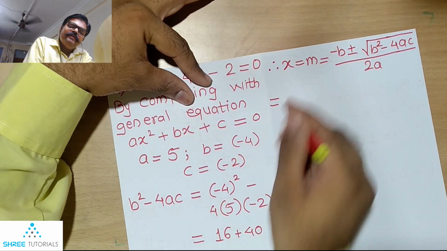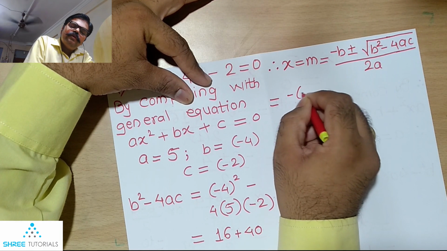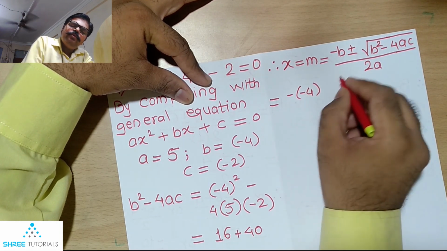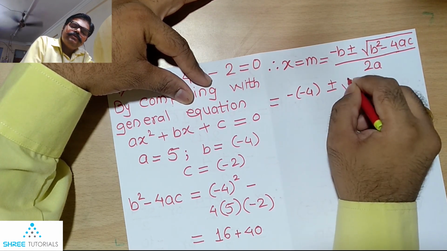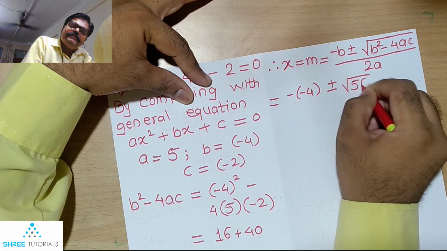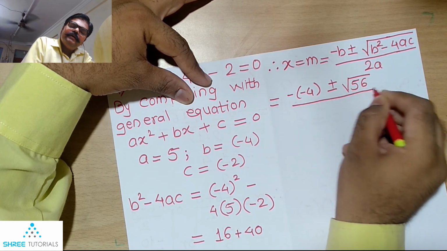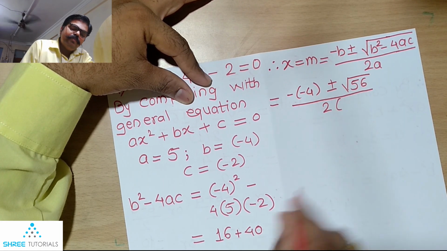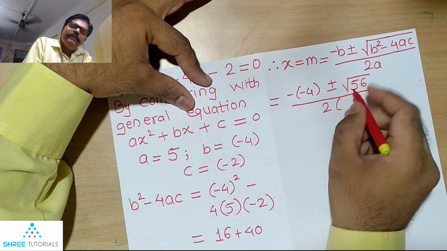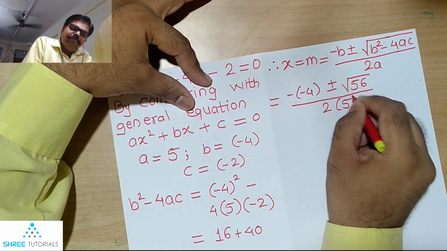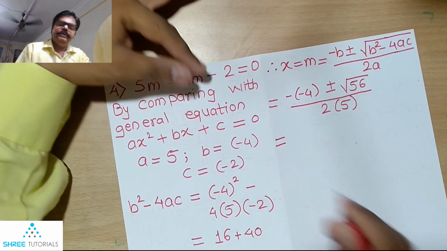Value for minus b was equal to 4, that 4 we have written over here, plus minus root of 56 divided by 2a, that means 2 multiplied by a's value, which is equal to 5. These things we have written over there.